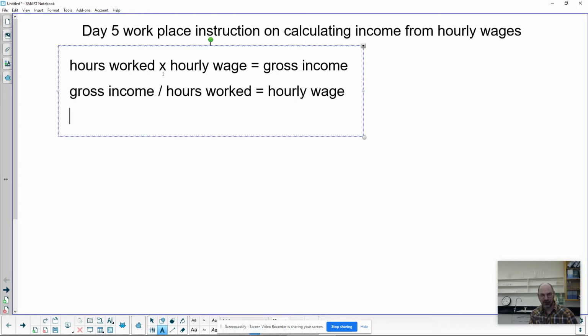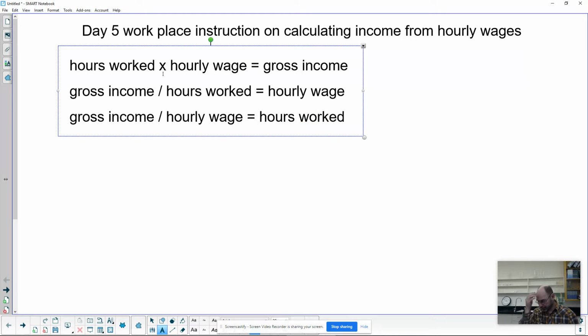And similarly, if you take your gross income, you can divide it by your hourly wage to get your hours worked.